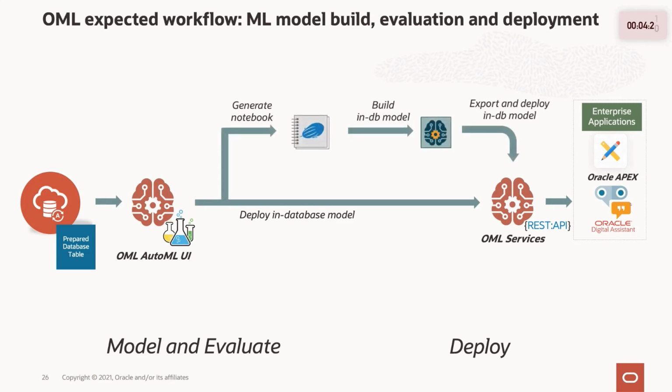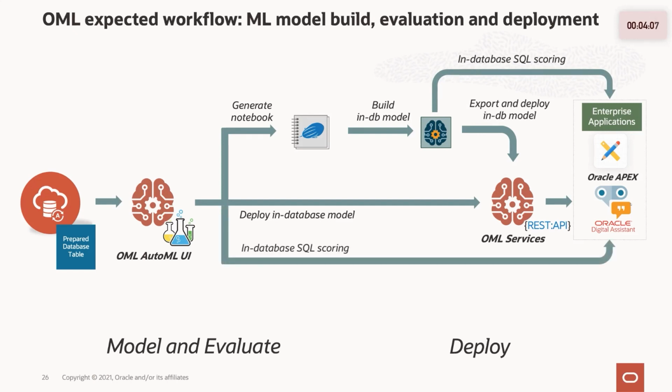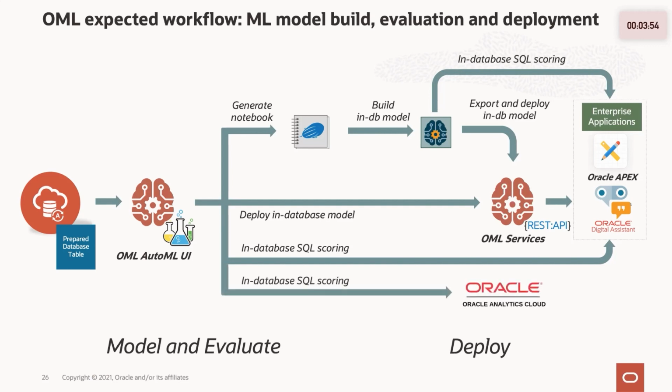You're going to be able to generate notebooks as well, and then build an in-database model and export it directly, or get from there to in-database SQL scoring, right? If the application supports that. And then we can do straight in-database SQL scoring as well, from enterprise applications, any applications that can connect to the Oracle database and the Oracle Autonomous Database. And at the end of the day, things like Oracle Analytics Cloud, for example, would be able to see the OML AutoML UI results directly as well, okay?